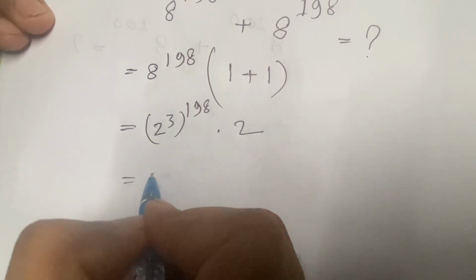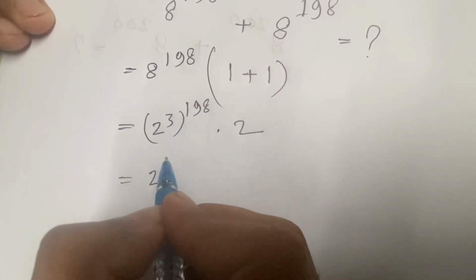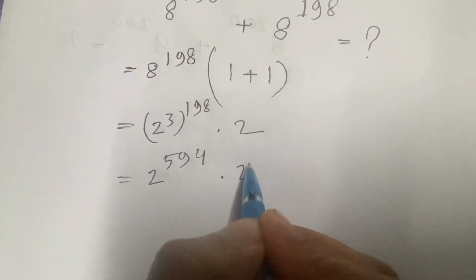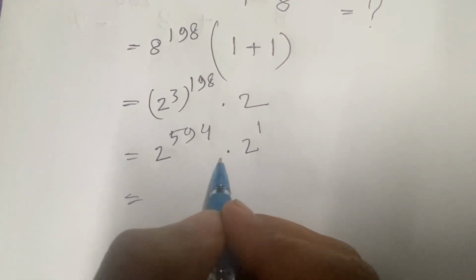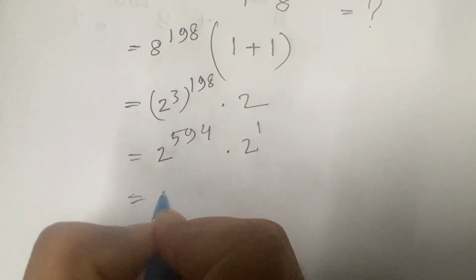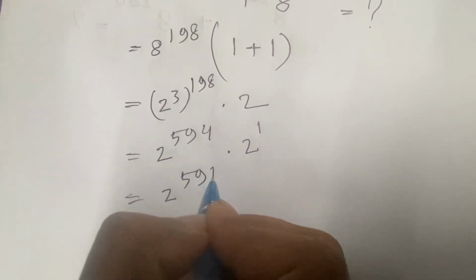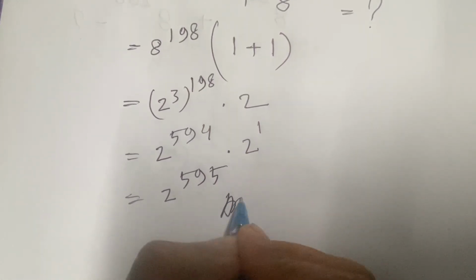Now 2 to the power 3 times 198, that means 594 times 2 is same as 2 to the power 1. Now we see that 2 same base but different power, so we can write here 2 to the power 594 plus 1, that means 595. So 2 to the power 595 is the correct answer.